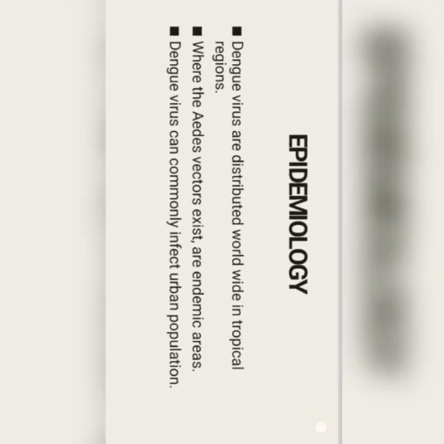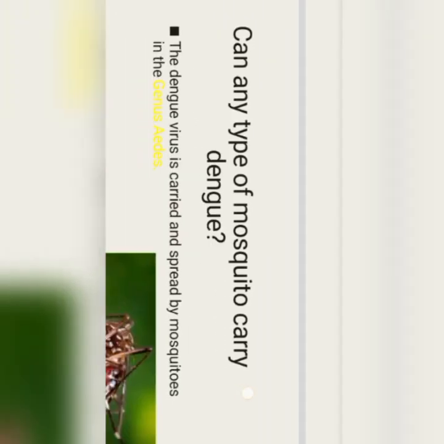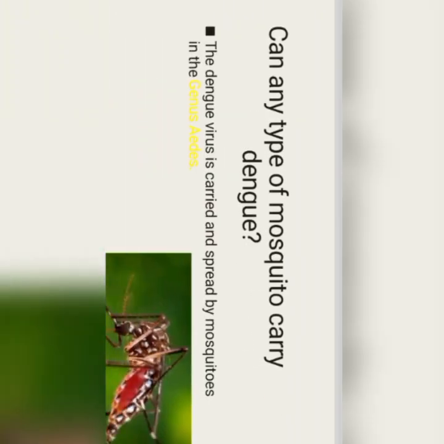Epidemiology of dengue virus. Dengue virus is distributed worldwide in tropical regions where the Aedes vector exists, or endemic areas. Dengue virus commonly infects urban populations. And this is a question about dengue. Can any type of mosquito carry dengue?